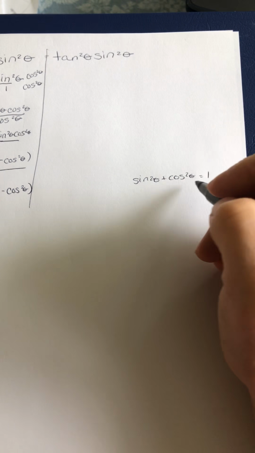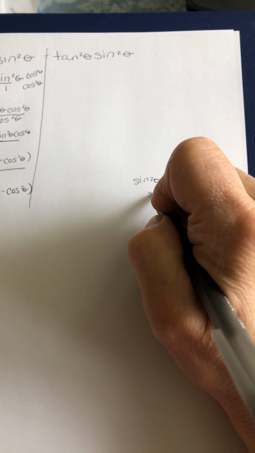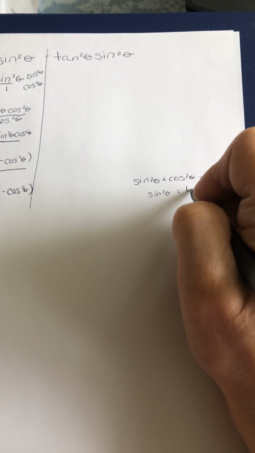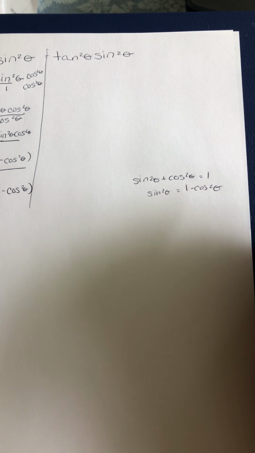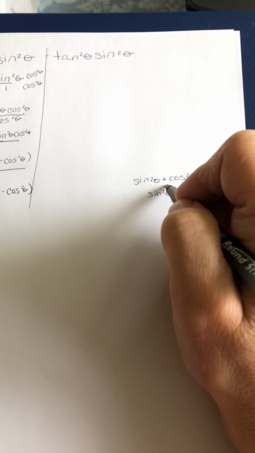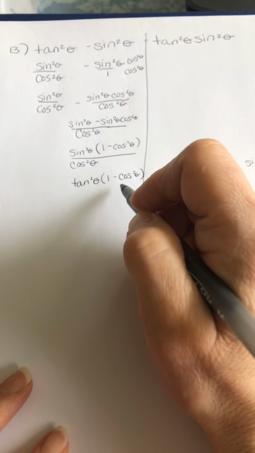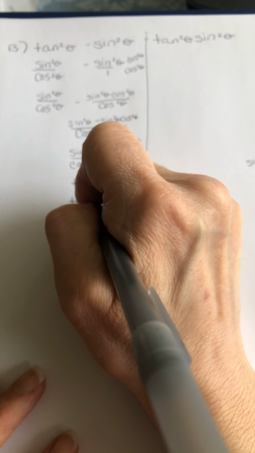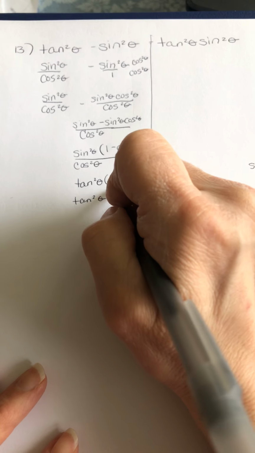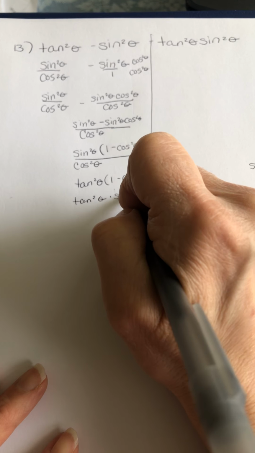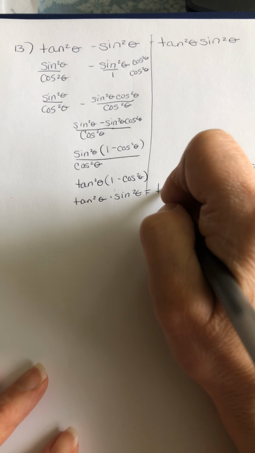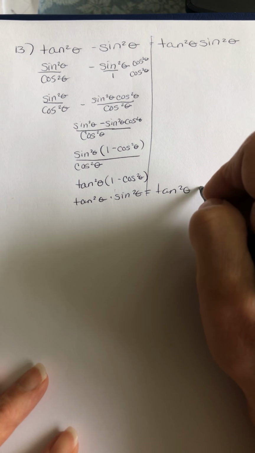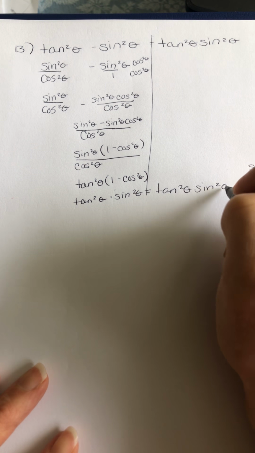If I rearrange this a little bit, sine squared theta equals 1 minus cosine squared theta. So I'm going to take this now and sub it in over here to get tangent squared theta times sine squared theta. And now the left side is exactly equal to the right side.